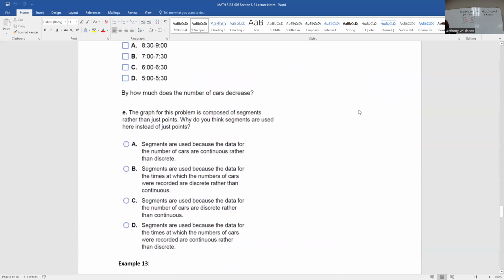And then in part E, the graph of this problem is composed of segments rather than just points. Why do you think segments are used here instead of just points? Yeah, it would be D. Segments are used because the data for times at which the number of cars were recorded are continuous rather than discrete.